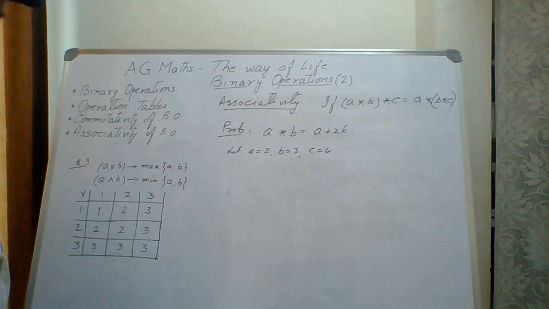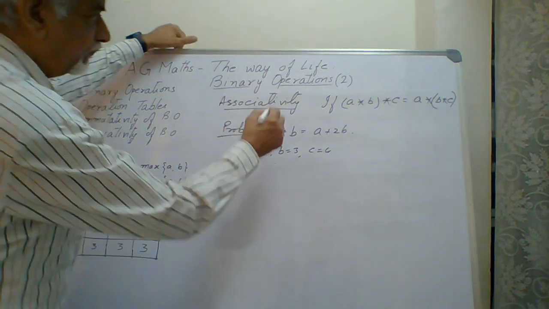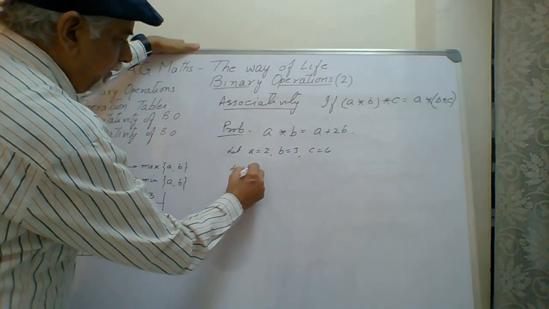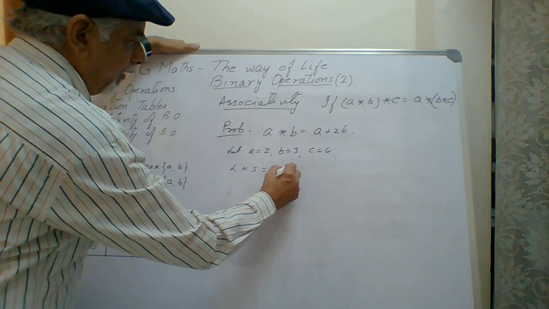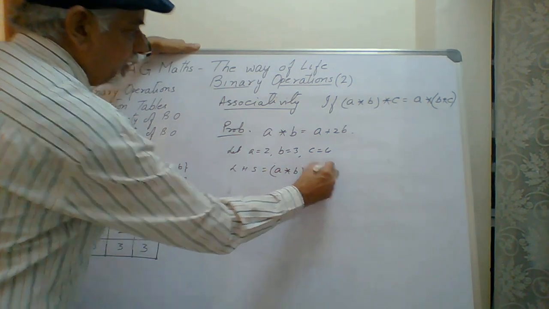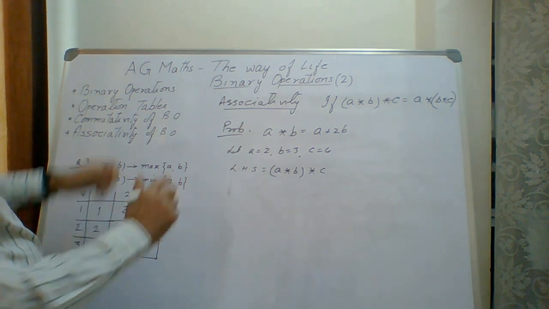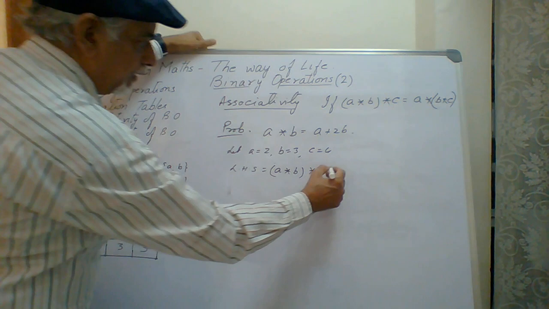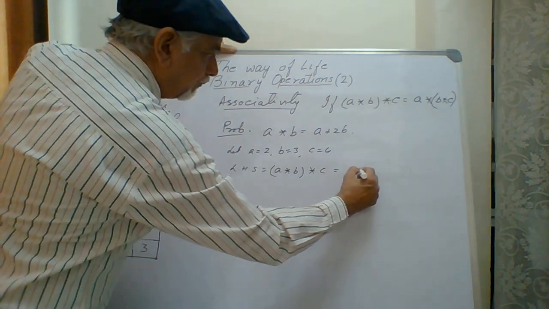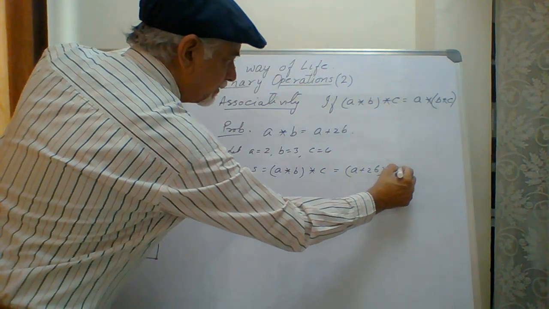So we have assumed three elements A, B, C. Now the left hand side is (A binary B) whole binary C. And when I write A binary B, as per this, I have to write A plus 2B and then binary C.